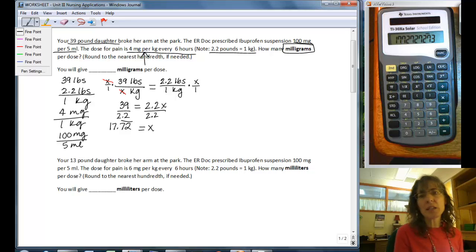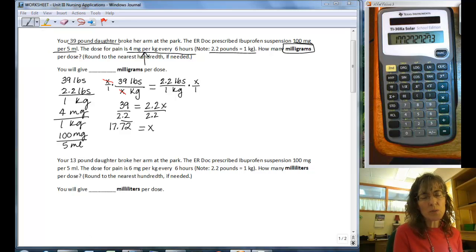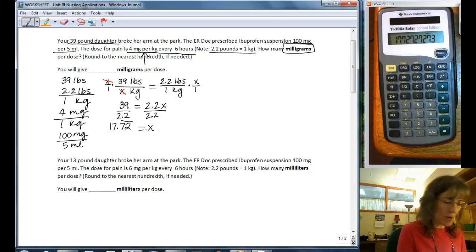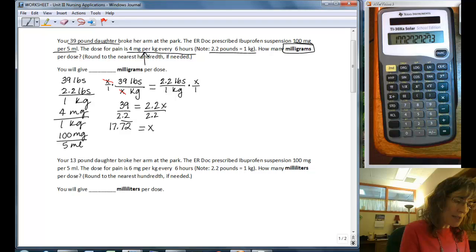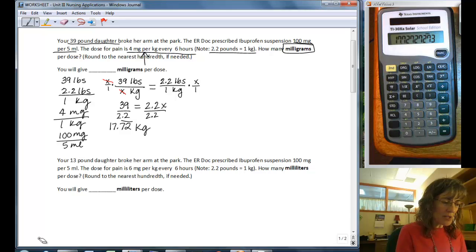And it is a repeating decimal, so I'm going to write down just part of it, but I'm keeping it on my calculator because I don't want to lose the value for it there. So I have 17.72, and that is in kilograms. 17.72 kilograms. And now I can go straight to the next one.